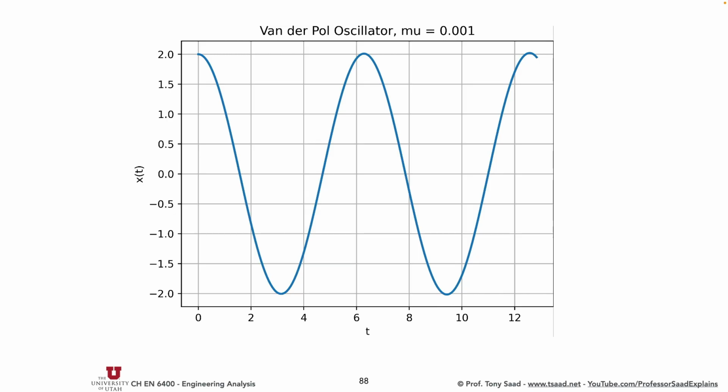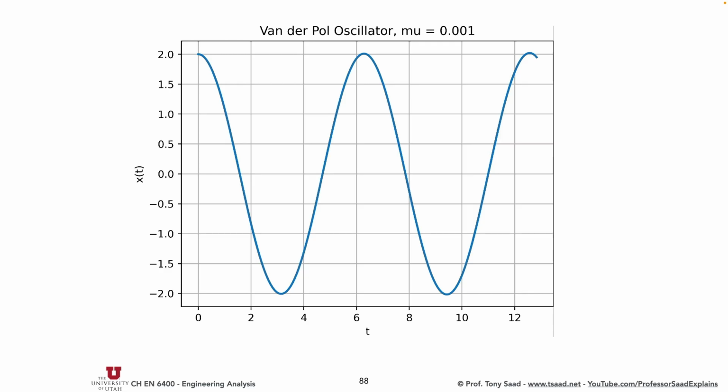Here I have an animation. I'm running this for exactly 2 periods, so I can compute the period numerically. As mu is increased, so does the period time. For mu 100, 1 period is about 1,000 seconds. I want you to see what's happening as mu is changed.